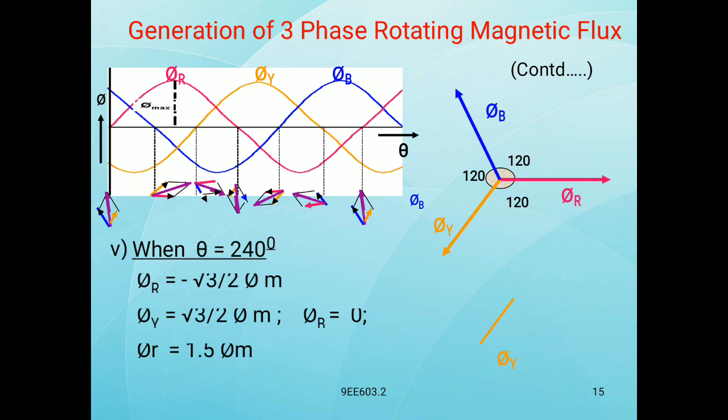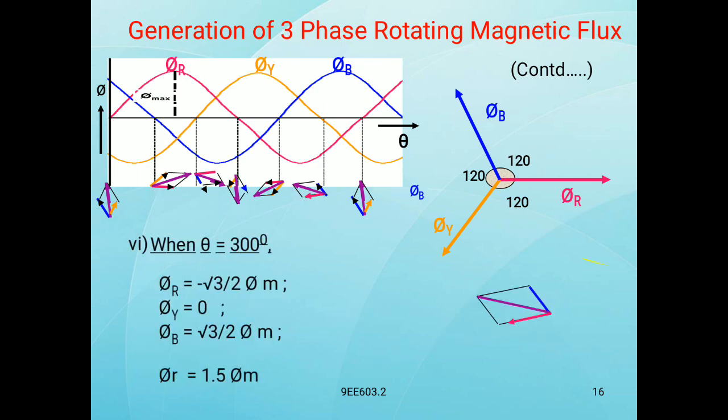This is the resultant, φy minus φr, which gives φr, that is 1.5 φm.